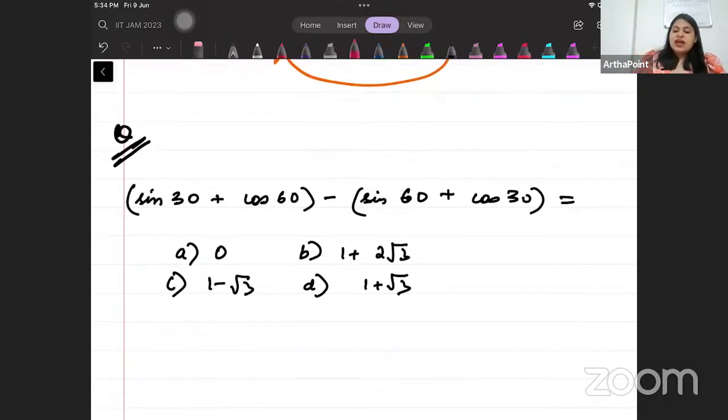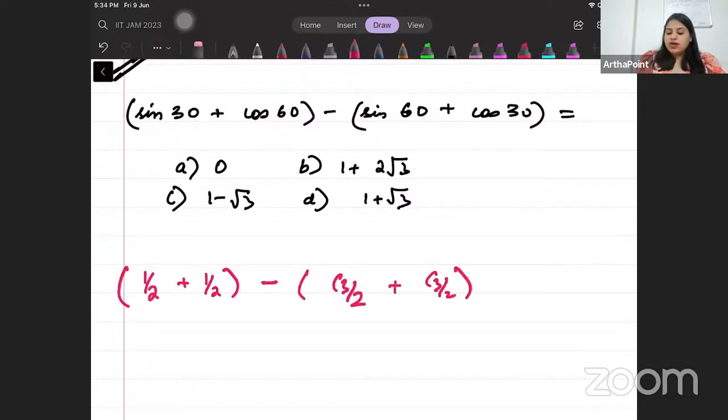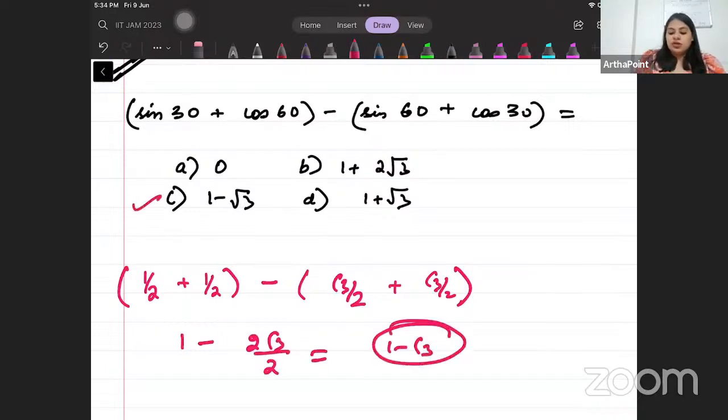We know that sin 30 value is half, cos 60 is half, sin 60 is root 3 by 2, and cos 30 is root 3 by 2. So this will be 1 minus 2 root 3 by 2. So it will be 1 minus root 3. So answer to this question will be C.